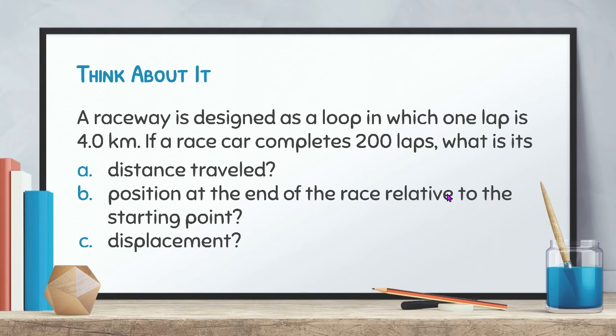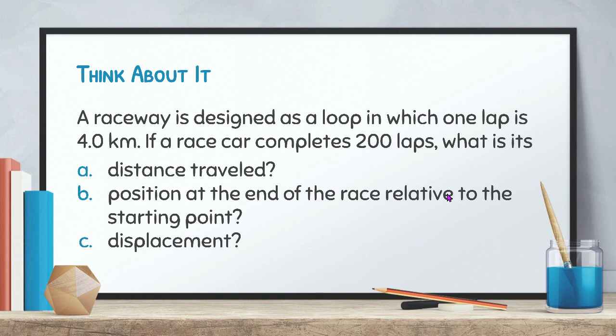Now, the question is, what is the position at the end of the race relative to the starting point? What that means is we come back to where we started. So if we started at 0, we end at 0. So the position is 0 kilometers.